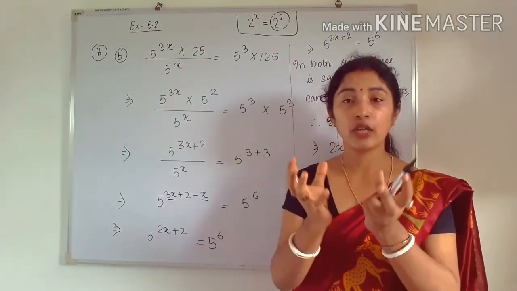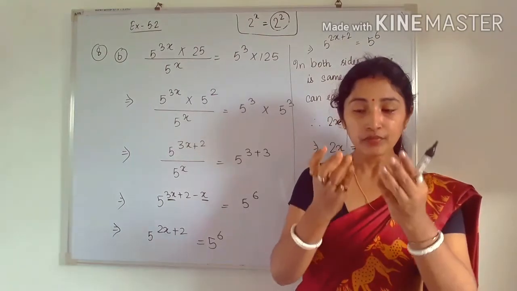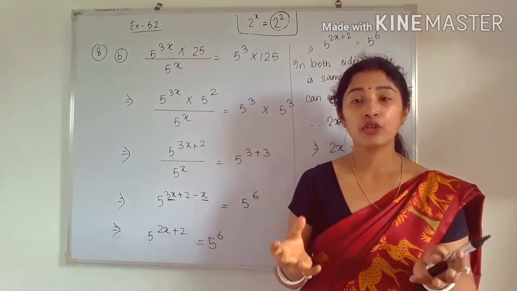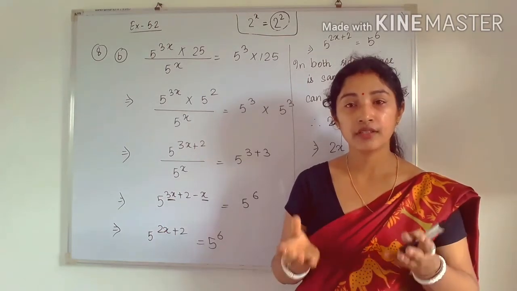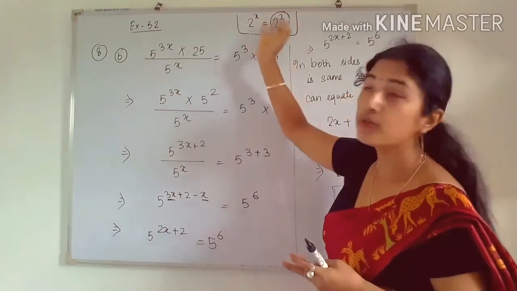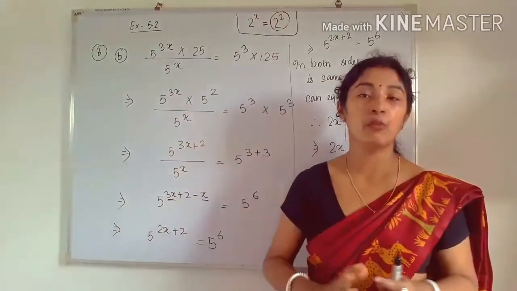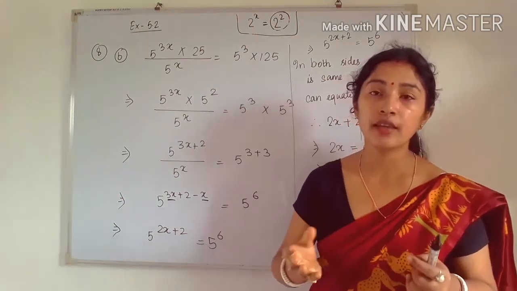That means you have to equalize both sides. How will we equalize both sides? How will we say that the numbers on both sides are the same? We can say both sides are the same if the base as well as the power are the same on both sides. If the base is the same, you can equate the powers.